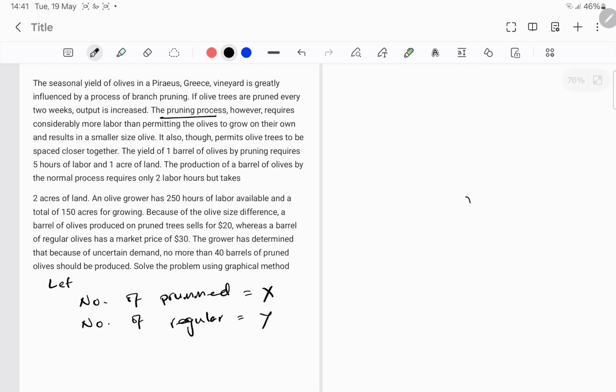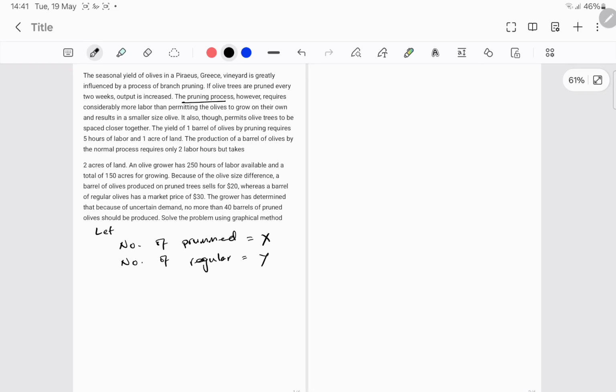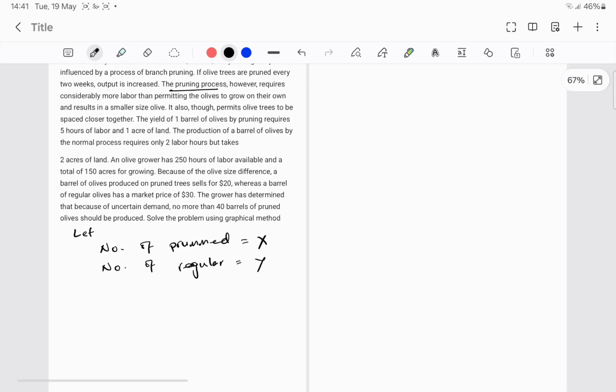Okay, so as this is a linear programming problem, the first thing we have to do in here is to formulate this problem as a linear programming. So the first thing is objective function.